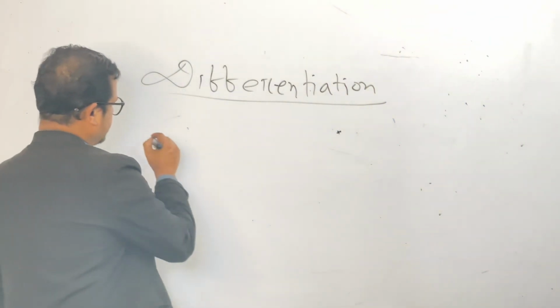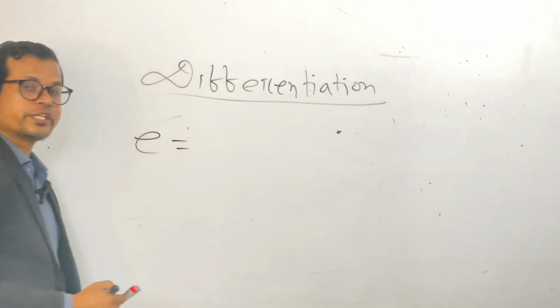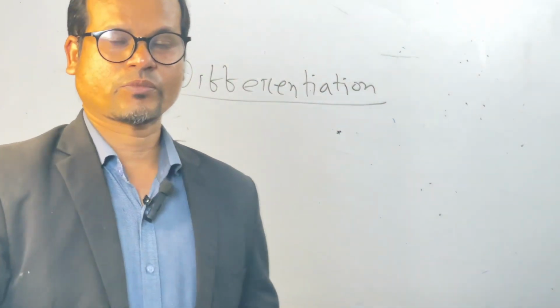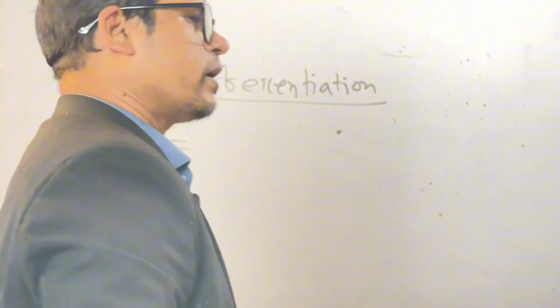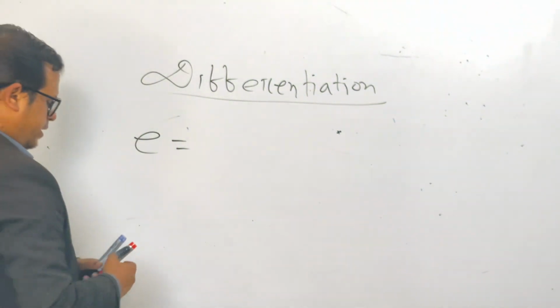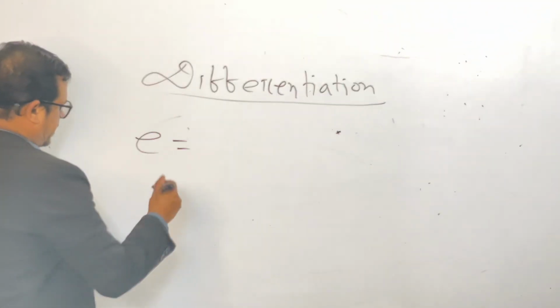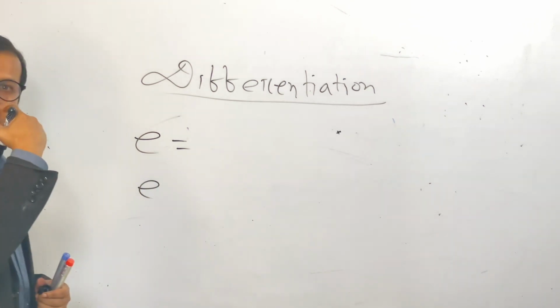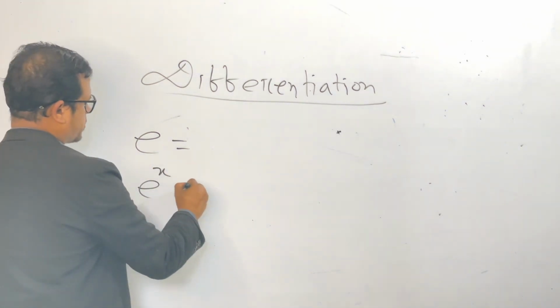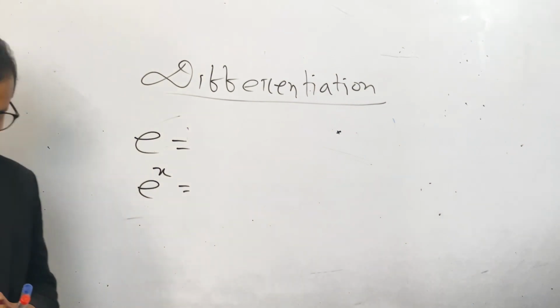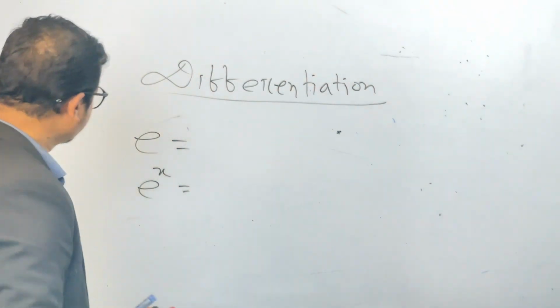The first one is e. What is the series of e? It is very easy, always try to understand. And what is e to the power x? What is the series of e to the power x? Does anybody know?